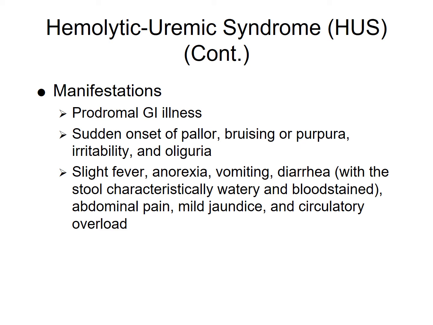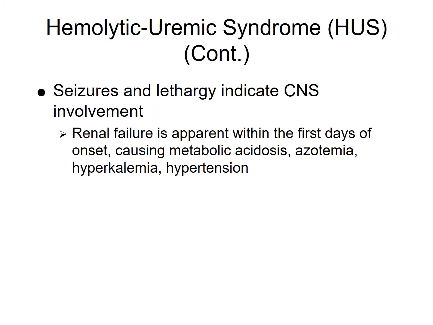So anytime a patient, whether it's an adult or a pediatric patient, has diarrhea with blood in it, they just bought a ticket to the emergency room ASAP because they need to get checked out to rule this out. Early intervention is the most important thing to prevent death in these cases. Seizures and lethargy indicate CNS involvement.